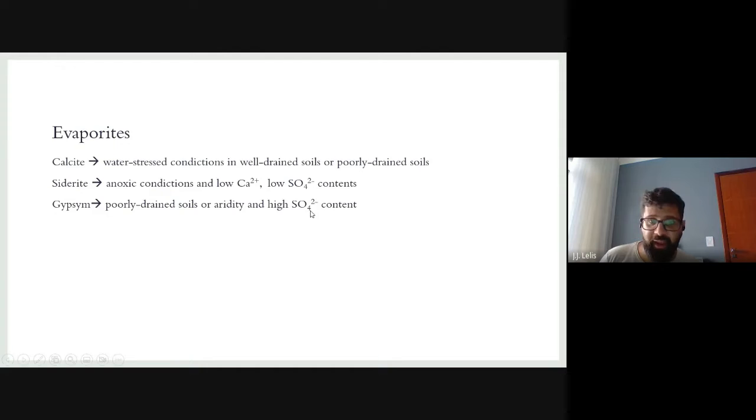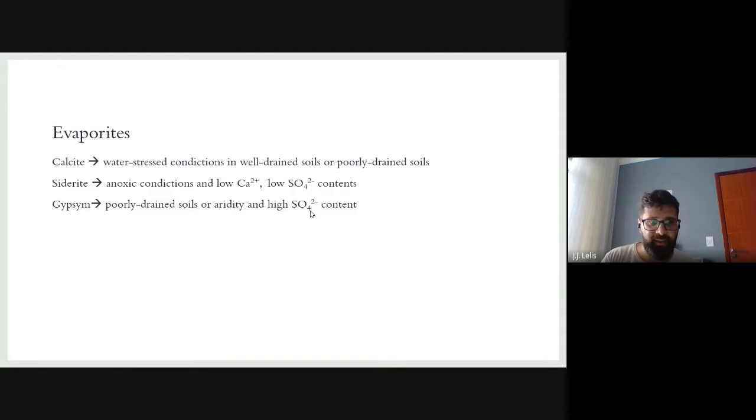And to have a high content of sulfate, you should have the influence of tidal water, because tidal water has a high content of sulfate. The water from the sea has a higher content of sulfates, and they could contribute to the formation of gypsum, okay? Generally, the water from rivers and lagoons has a low content of sulfates.